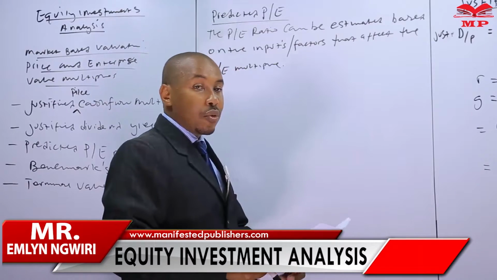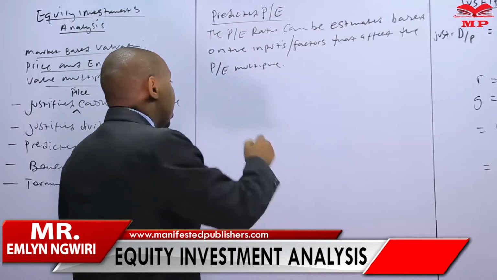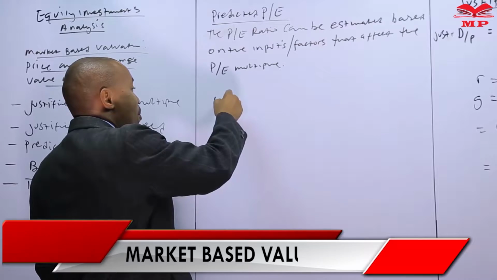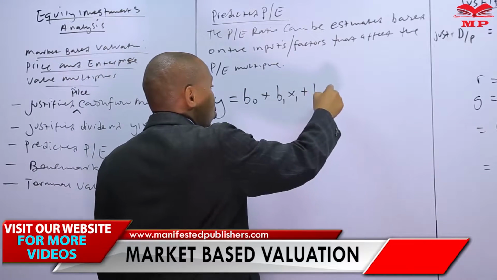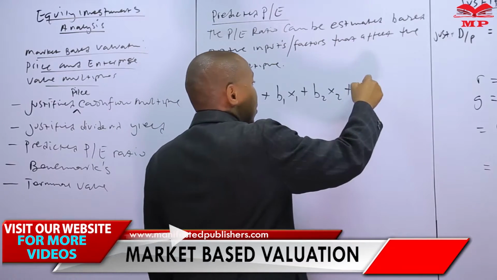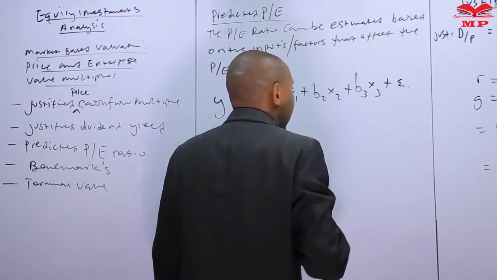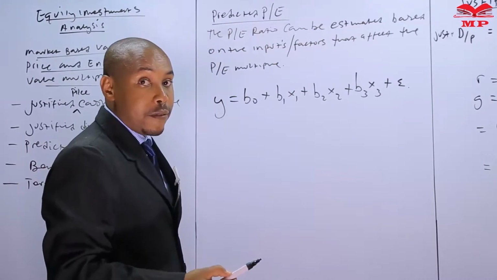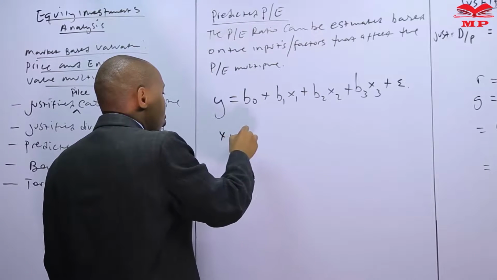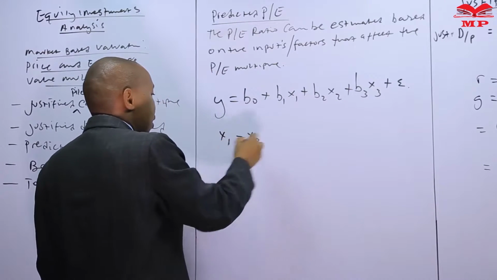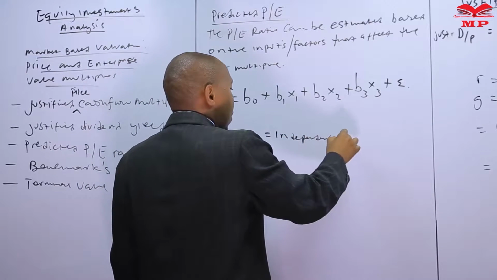Another key factor to consider is the form of the regression equation: y equals b0 plus b1x1 plus b2x2 plus b3x3 plus an error term, depending on the number of independent variables. So x1 to x3 are independent variables.